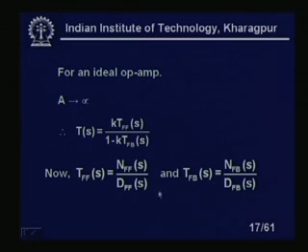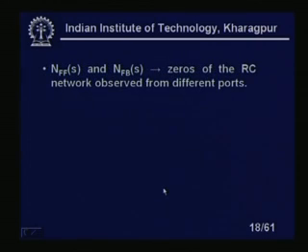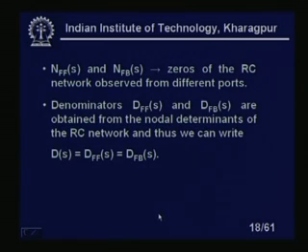We will find that the denominators DFB(S) and DFF(S) are same. Why? NFF(S) and NFB(S) are zeros of the RC network observed from different ports. Denominators DFF(S) and DFB(S) are obtained from the nodal determinants of the RC networks, and thus we can write D(S) equals DFF(S) equals DFB(S).